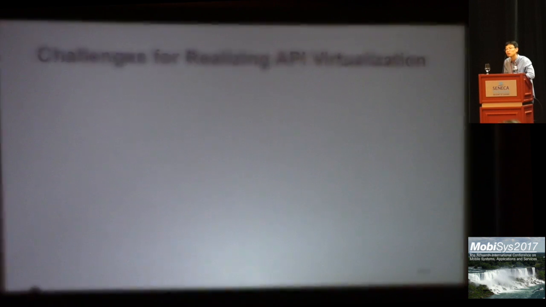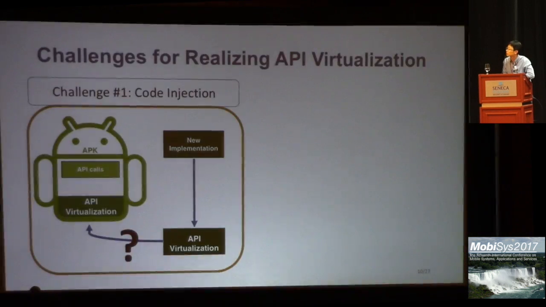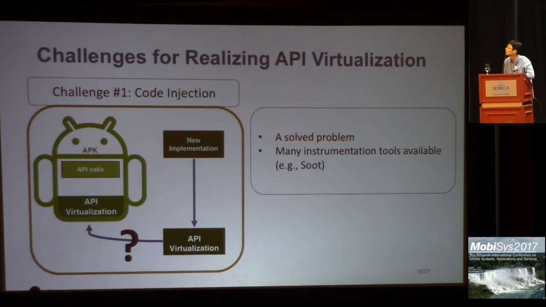Then what are the challenges for realizing API virtualization? There are mainly two challenges. The first challenge is code injection, and the question is how to inject a new implementation into an app. In most cases, this is a solved problem and many tools provide this functionality.